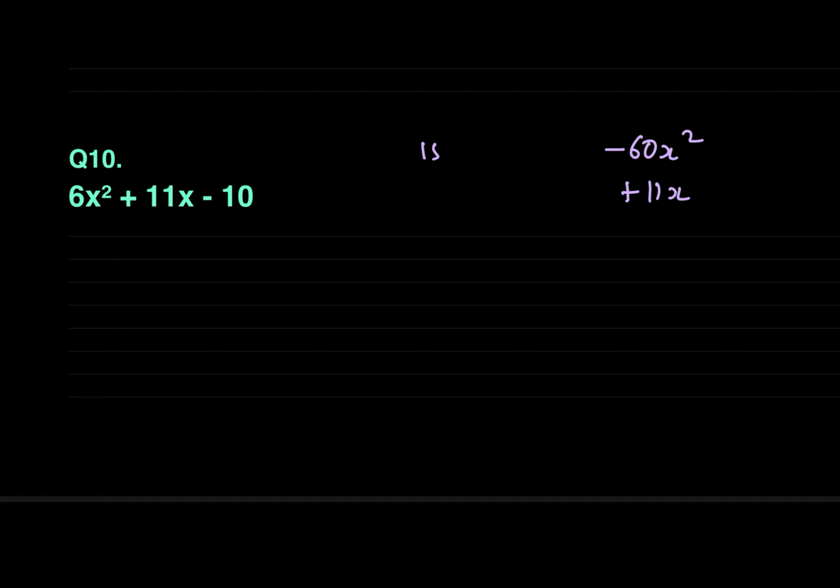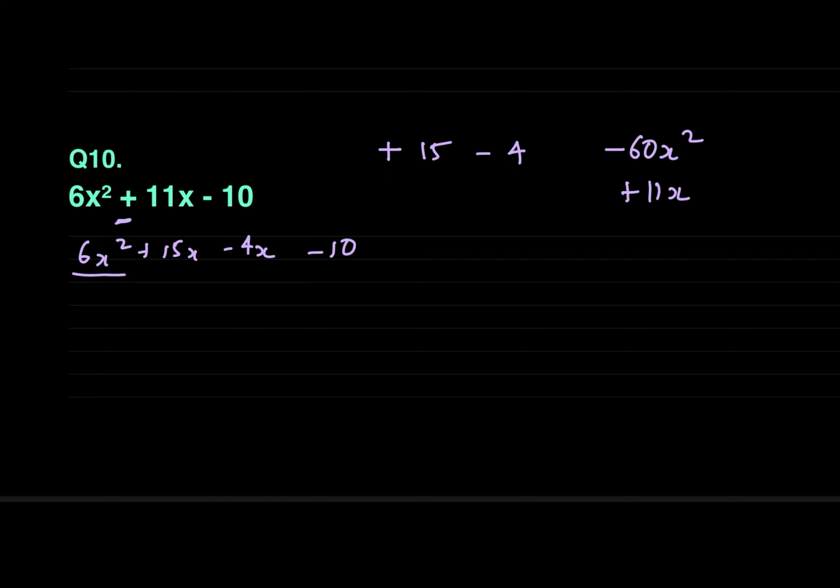Okay, let us check. 15 into 4. We need negative and here we need a positive sign, so the greater number will have the positive sign. I think this works. So copy the first and the last term as it is. Then bring this, what we found out. This is what I'm bringing here along with x.